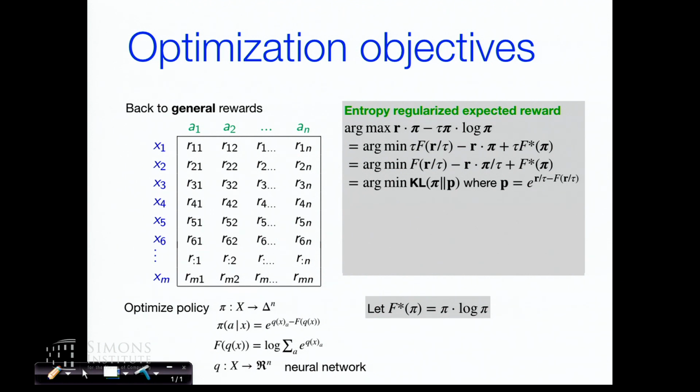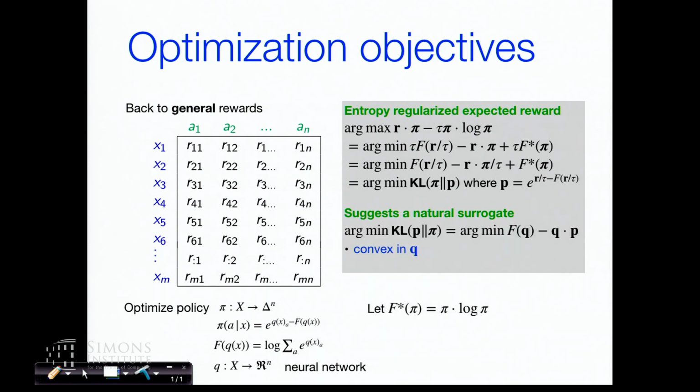Okay? Now, this has not changed the landscape problems, but by looking at it from a KL lens, we now see really obvious ways to develop other surrogate objectives, like, for example, flip the KL around. Flipping the KL moves from something like entropy regularized expected reward to something that looks an awful lot like supervised log loss, and in fact has much the same character.